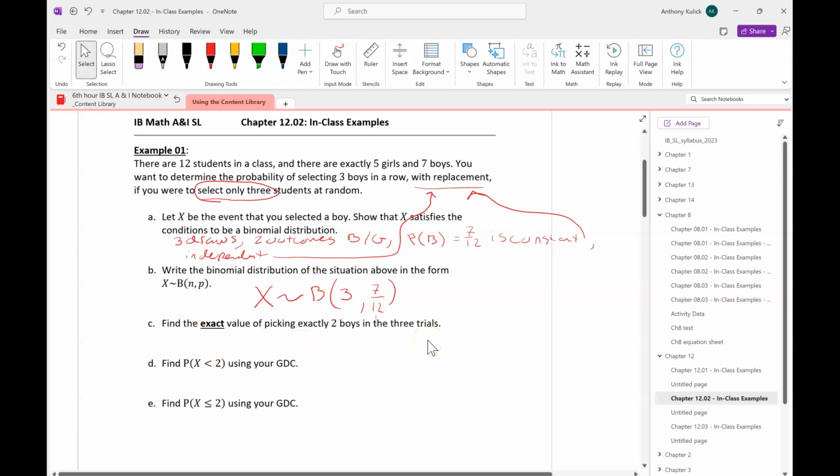All right. It says find the exact value of picking exactly 2 boys in the 3 trials. So you want really this, right? We can do this by hand. So there's a formula.